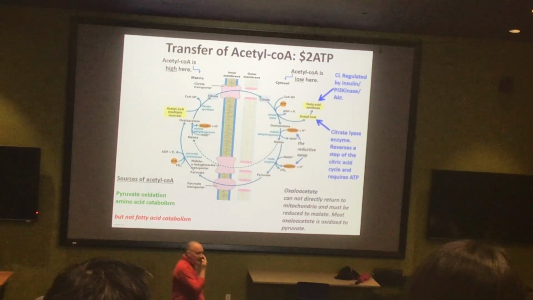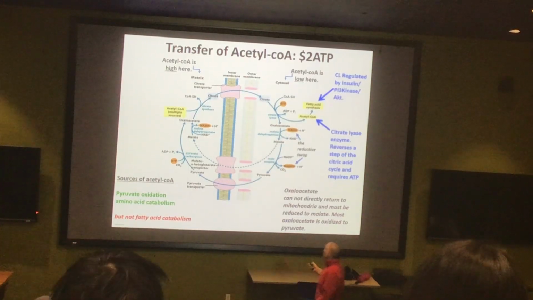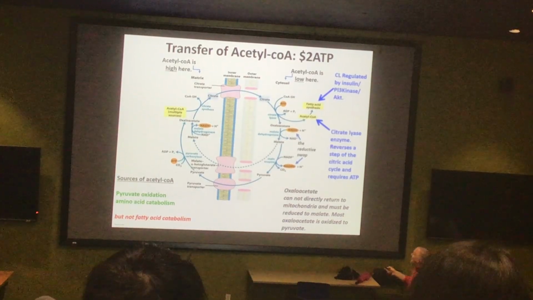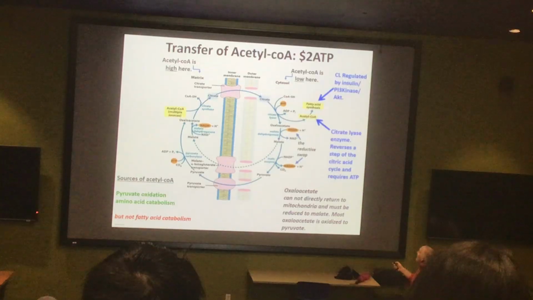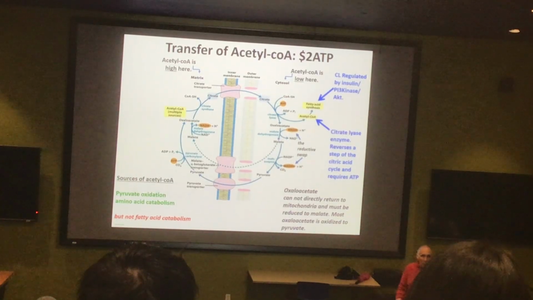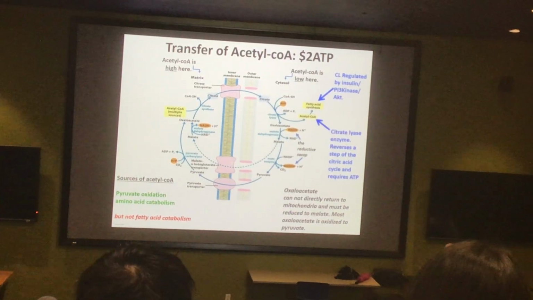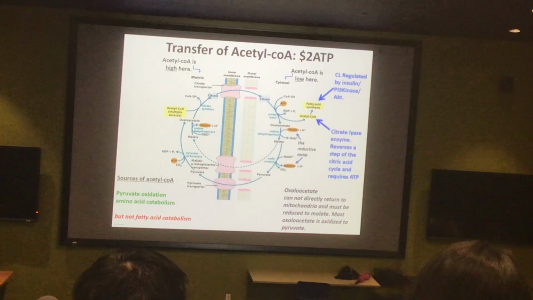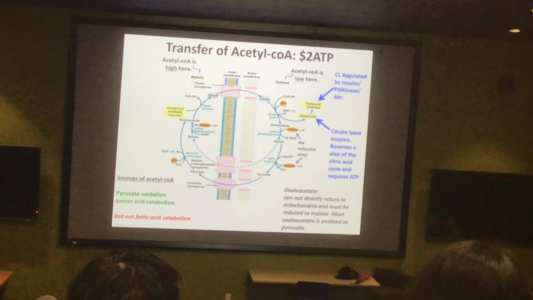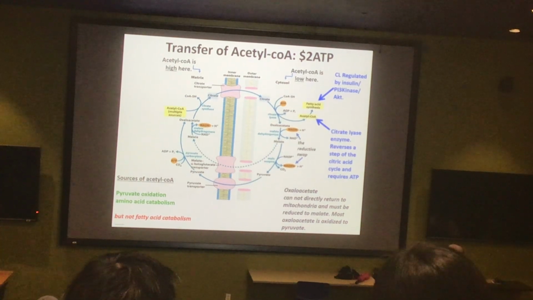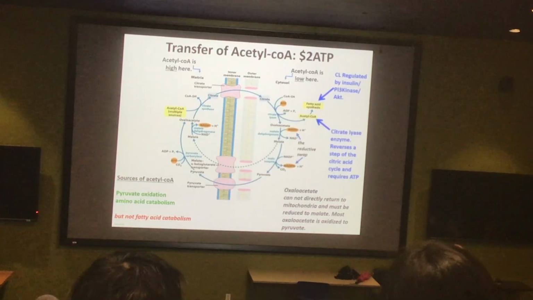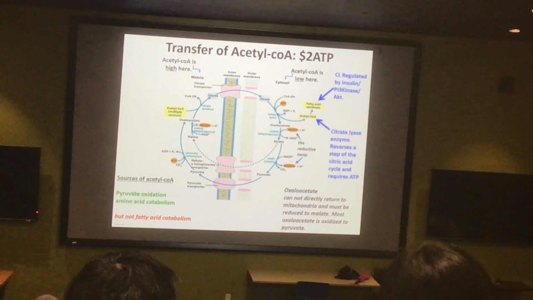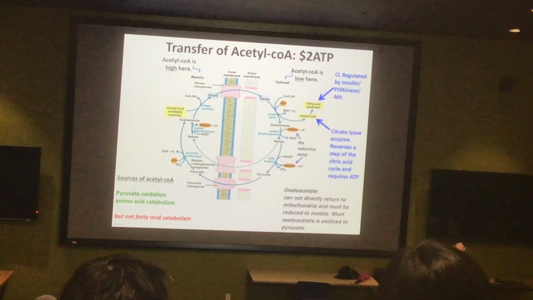So the acetyl-CoA is going to leave the mitochondria in the form of citrate, and once it gets into the cytosol, of course, we need to break that apart. We do so here with the citrate lyase enzyme, which we'll look at the mechanism of in a bit. And that will give us oxaloacetate, right, plus our acetyl-CoA. The acetyl-CoA will go back and enter into the process of synthesis.